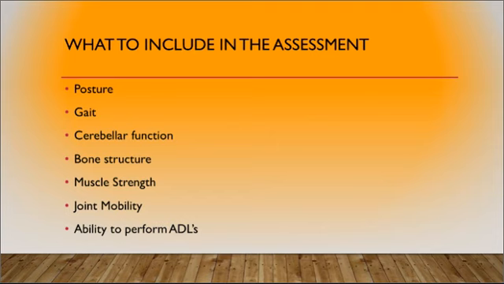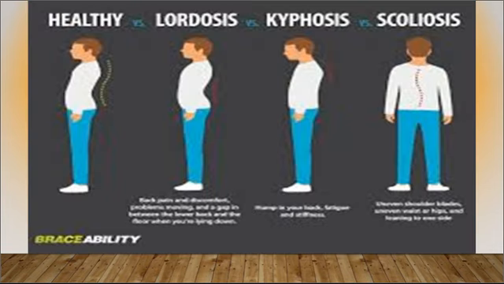It produces red blood cells in the bone marrow, hematopoiesis, I know I said that wrong, and stores calcium and phosphorus in the bone, so there's many things. And as you'll see as we go along, like here with cerebellar function, gait, strength, your musculoskeletal and neurological systems work together. So your assessments can be blended.